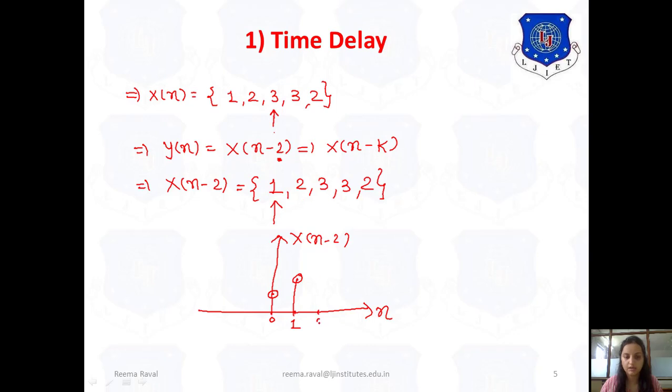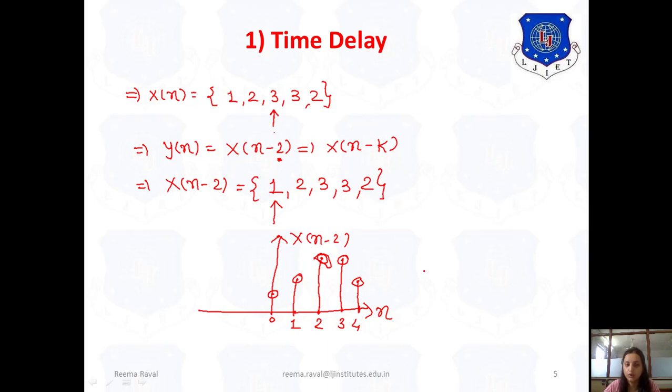At time instant 2 its value is 3, right? At 3 its value is again 3, and at instant 4 its value is 2, right? So this is the way I can represent the signal.